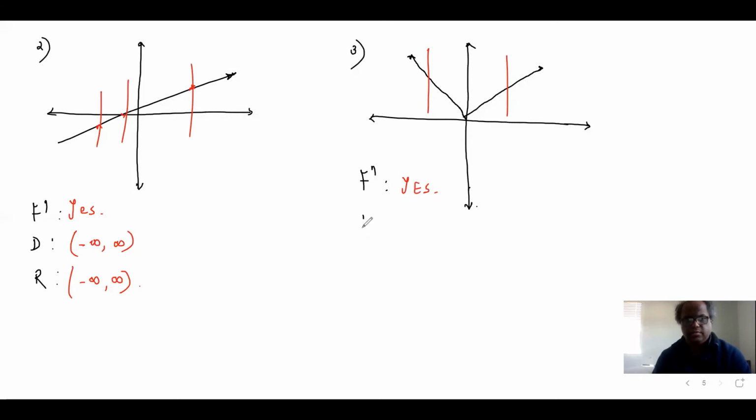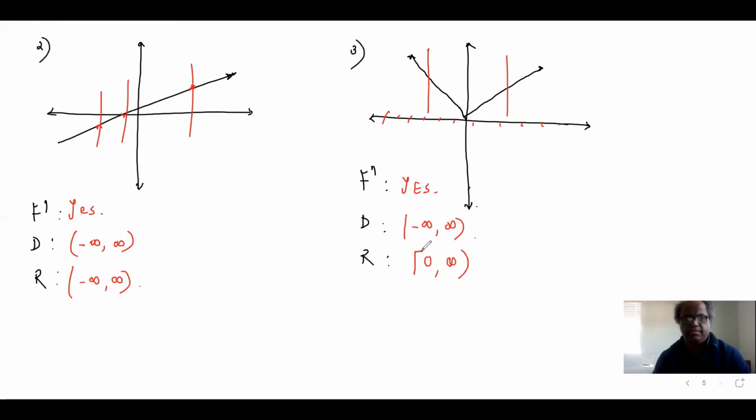Then domain and range. The domain is whatever values are sitting on the x-axis. So x has no limit. So I would write x as -infinity to +infinity. But be careful about the range, because range will be from 0 to infinity.